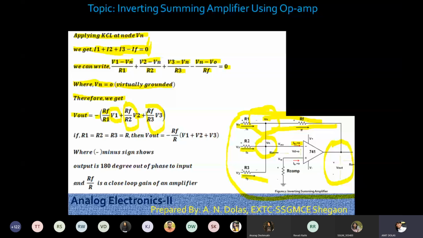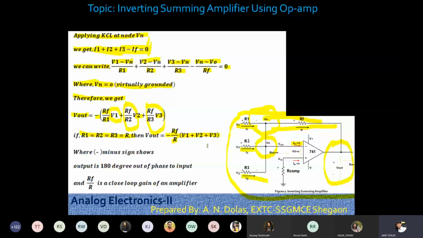In this equation, if I choose all the resistances of equal value, that is R1 equal to R2 equal to R3 equal to R, then I will get the equation minus of RF upon R multiplied by, in bracket, the addition of all sources, those are V1, V2 and V3.